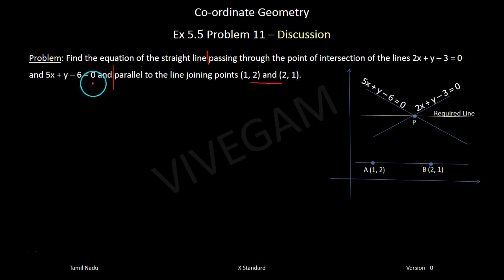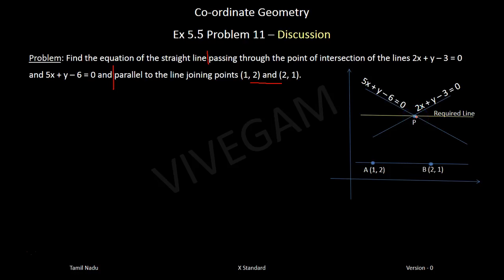So let's draw a simple diagram. Here this line and this line intersect at one point P, and this line, the required line, is parallel to this line AB, where A is (1, 2) and B is (2, 1). So find the slope of this line using the 2-point form, and the slope of the required line will be the same value because parallel lines have the same slope. And solve these two equations and get 1 point P. So now we have 1 point on the line, and we also know the slope.